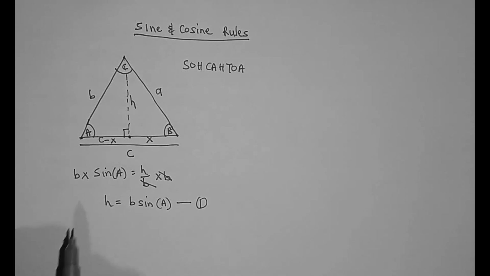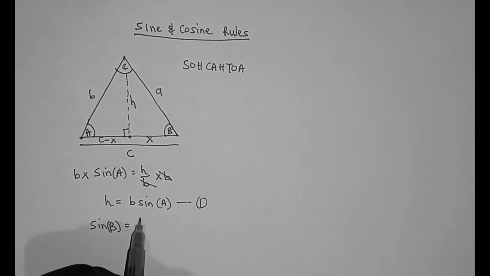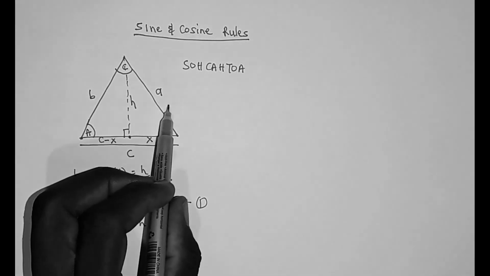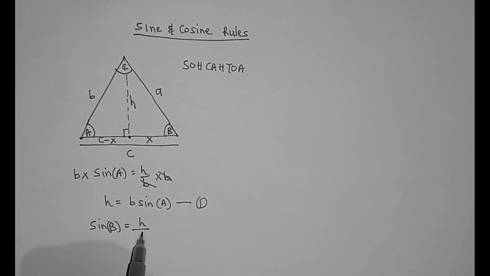Now let's also find sine B. What is sine B? Sine B is equal to the opposite, which is h, over the hypotenuse, which in this case is a. So it is h over a.